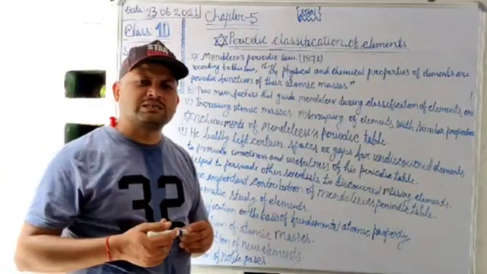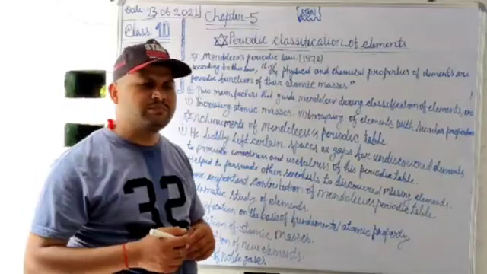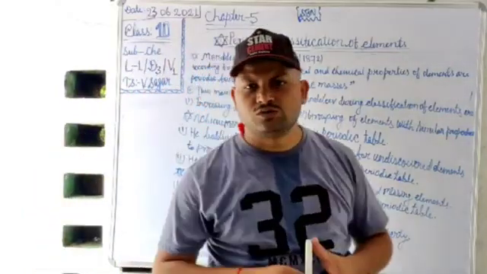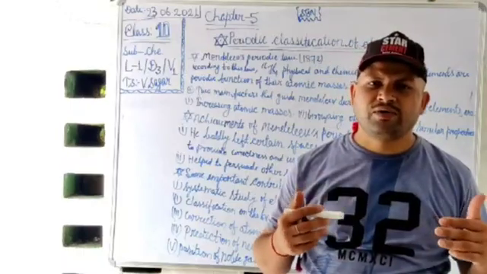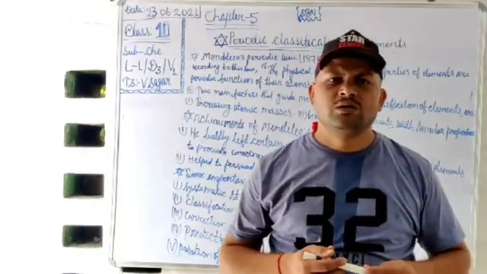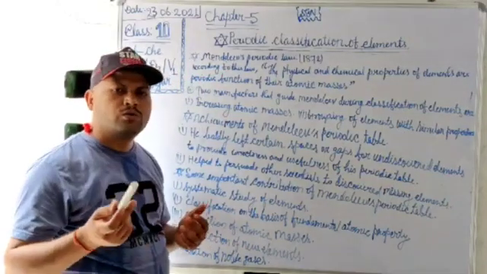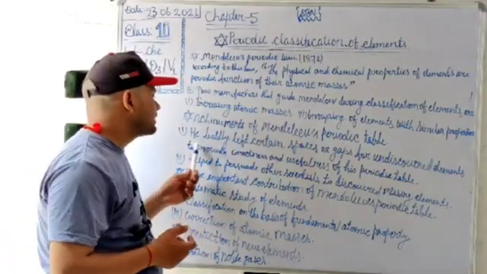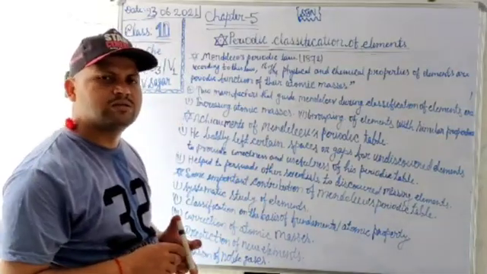In these classifications it was a big achievement of Mendeleev, which was introduced at first and gave bold concepts for the classification of elements. So we can say that these are the following achievements of Mendeleev's periodic table.